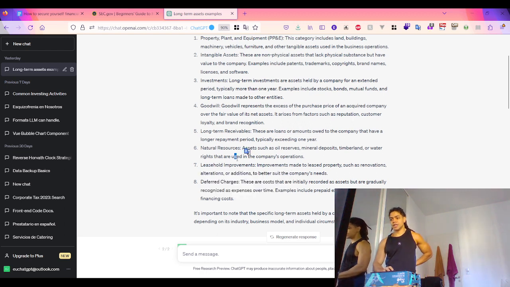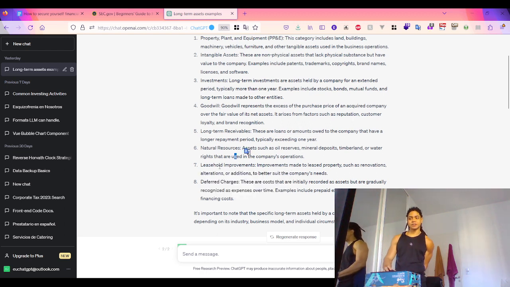So this leasehold, or this lease, right? So this is leasehold improvement and other long-term assets and deferred charges.